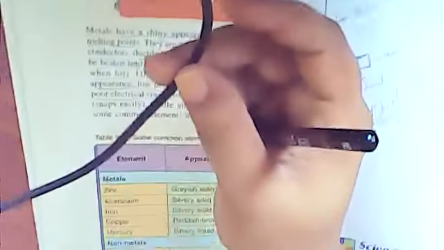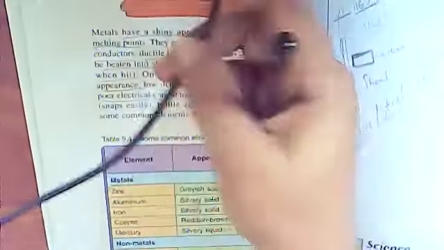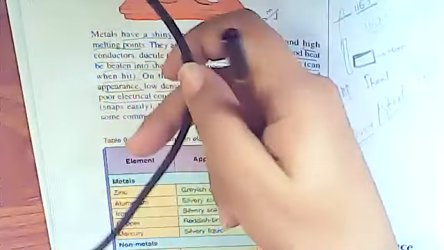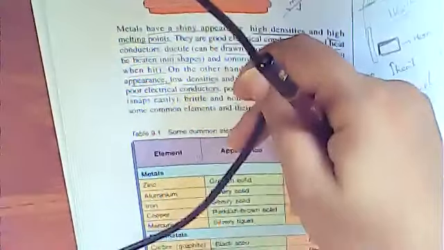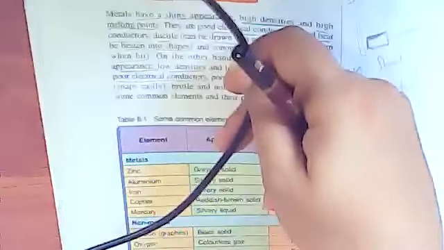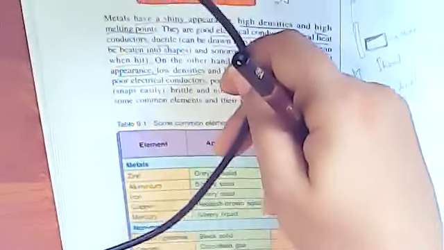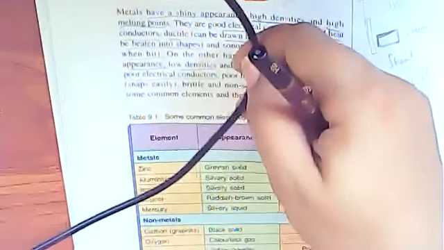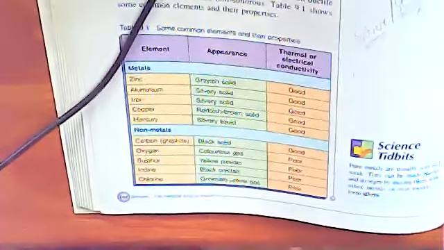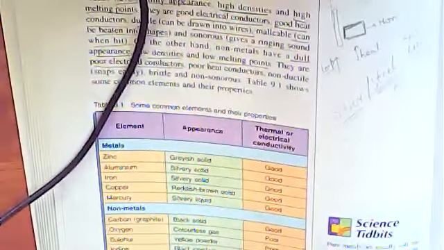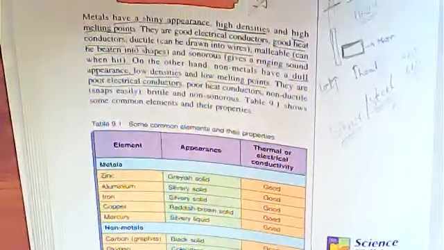Because plastic does not conduct electricity. Just suppose I am touching it, although electricity is continuously passing through it, but I do not get any current. Why? Because it does not conduct electricity. So all the non-metals are poor electrical conductors. They do not conduct electricity, right? That's why we use plastic.